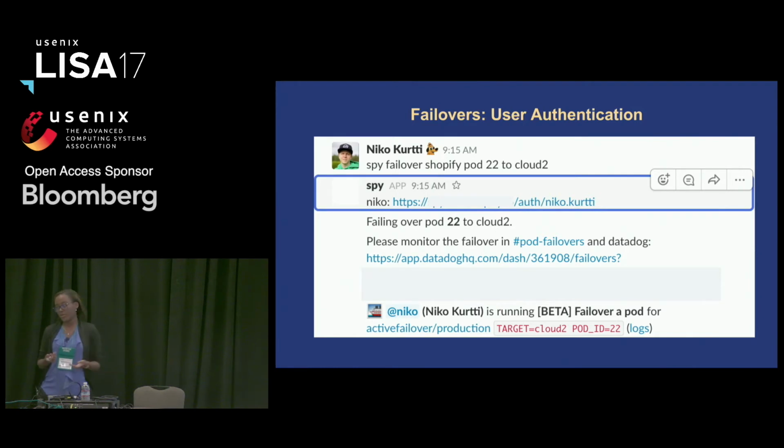We don't want everyone at Shopify to do failovers because it's quite a complex operation. So you need to authenticate yourself first. We use Google Authentication for that. So before performing a failover, Nico had to authenticate himself, and only after that can the failover actually be done. And then the other thing that Spy is going to give you is a dashboard to look at if anything happens in the meantime.